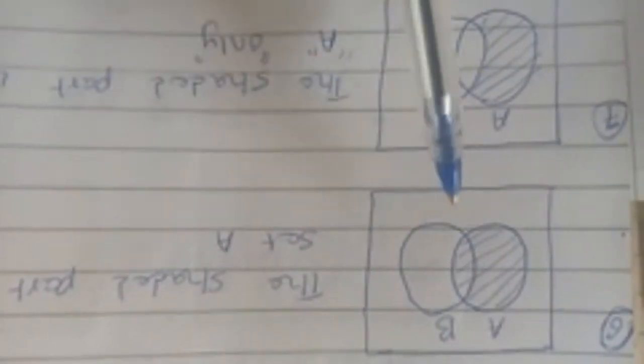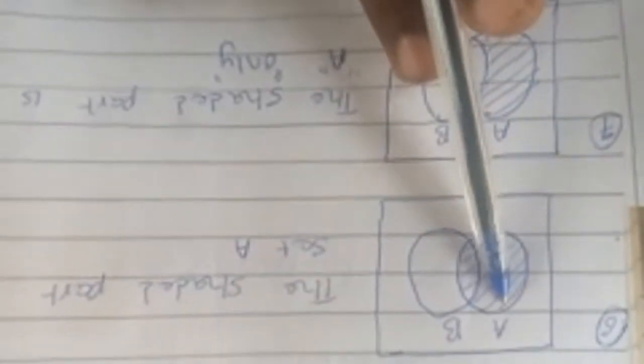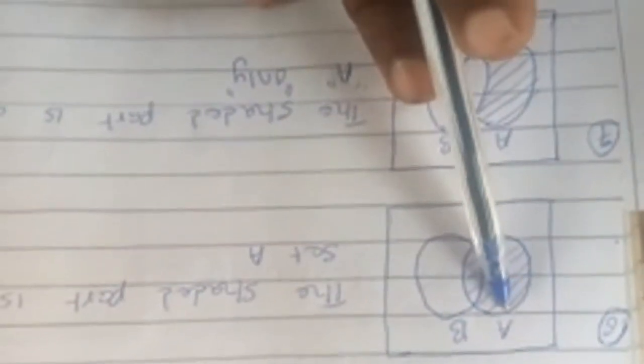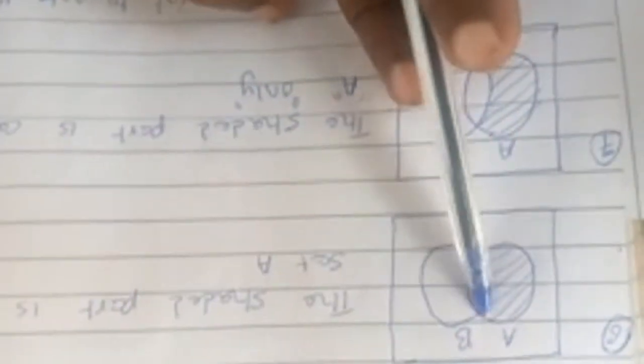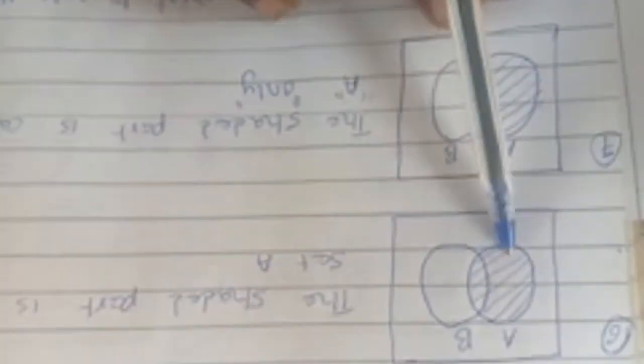When they say 30 people offer mathematics, and let's say A stands for mathematics, then the whole of this circle belongs to that 30.